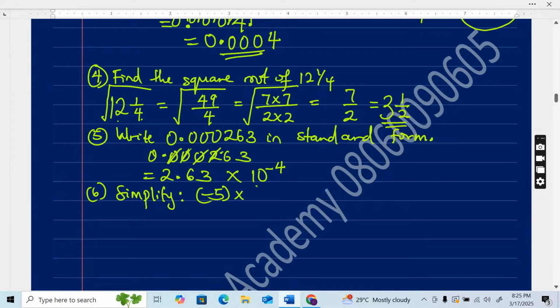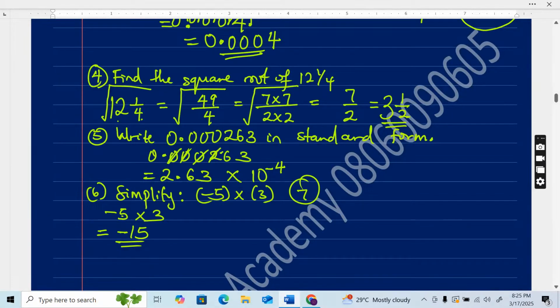Simplify -5 times 3. So -5 is in the bracket. Let's open the bracket. So we have -5 times 3. 5 times 3 is 15, and minus times nothing is minus. So the answer is equal to -15.